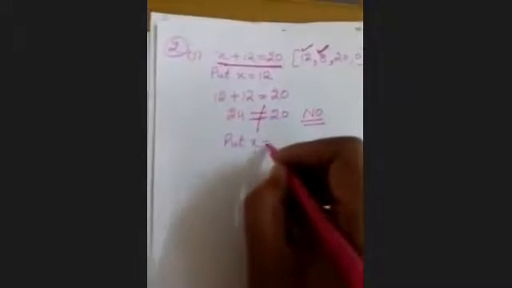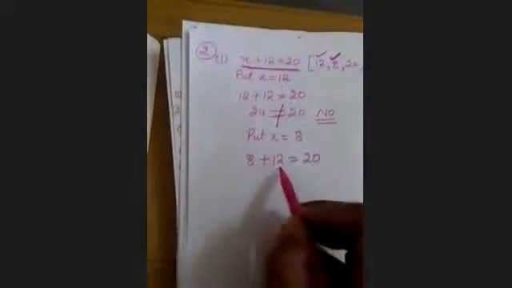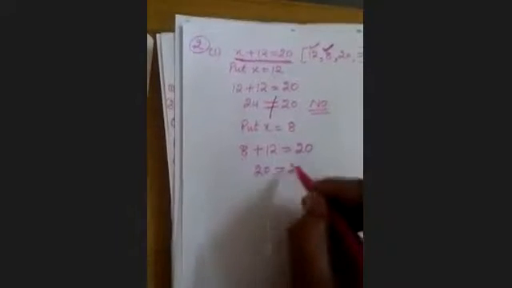Then the second value is 8. Now friends, put x is equal to 8. Now 8 plus 12 is 20, which is equal to 20.